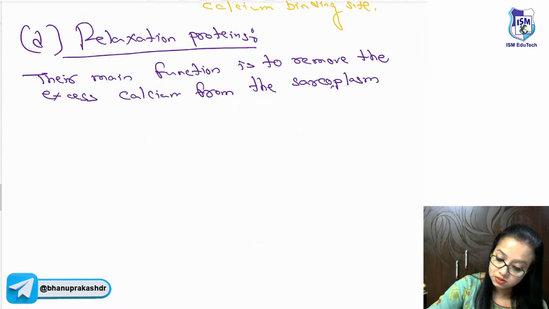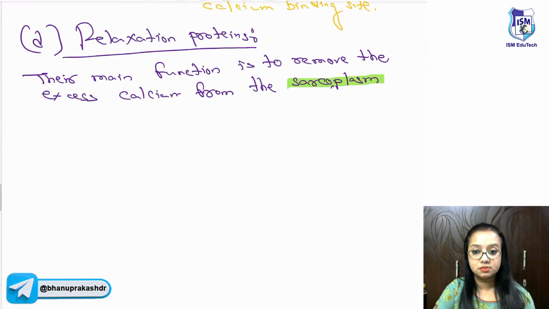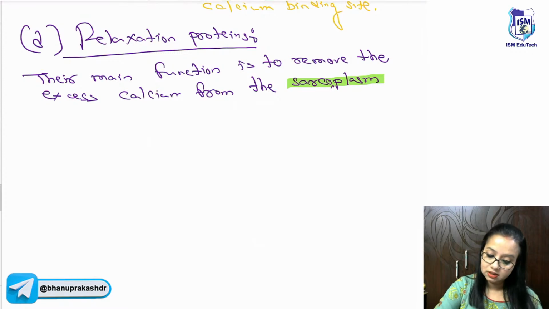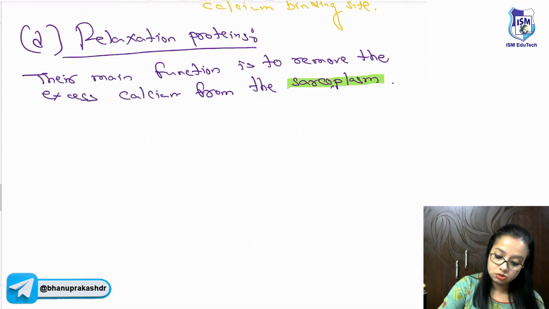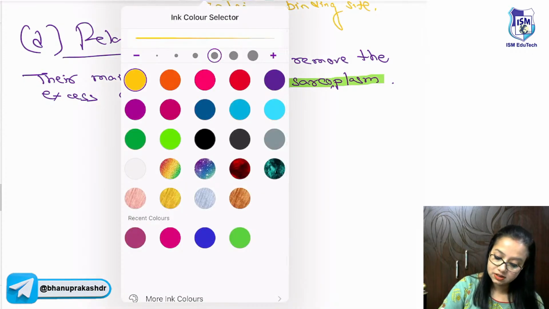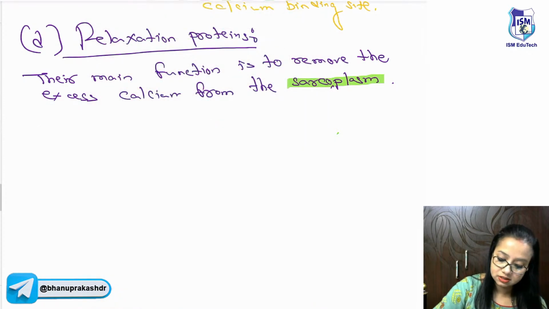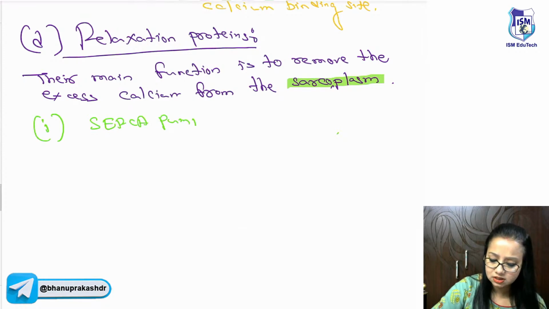We know what is sarcoplasm. It is the cytoplasm of the muscle cell. So to remove the excess calcium from the sarcoplasm. Now, two proteins are very active and important in this. One is the SERCA pump or SERCA protein.